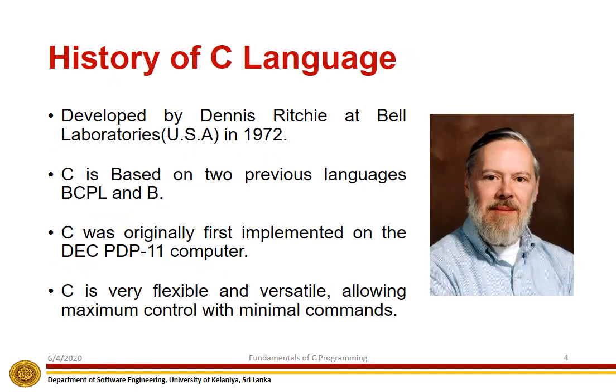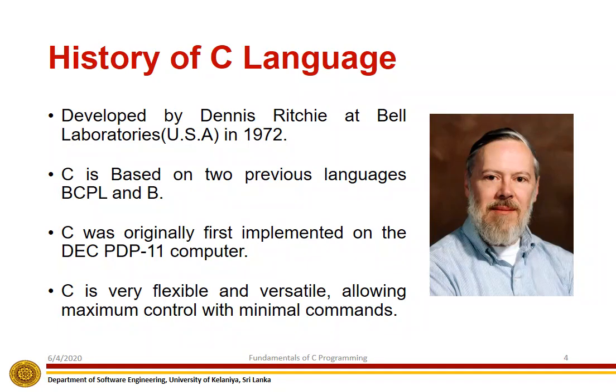History of the C language. As I mentioned earlier in the very first lecture, the founder of the C programming language is Dennis Ritchie, and it was developed in 1972 at Bell Laboratories in the USA. C is based on two programming languages, B and BCPL, which were invented earlier at Bell Laboratories.